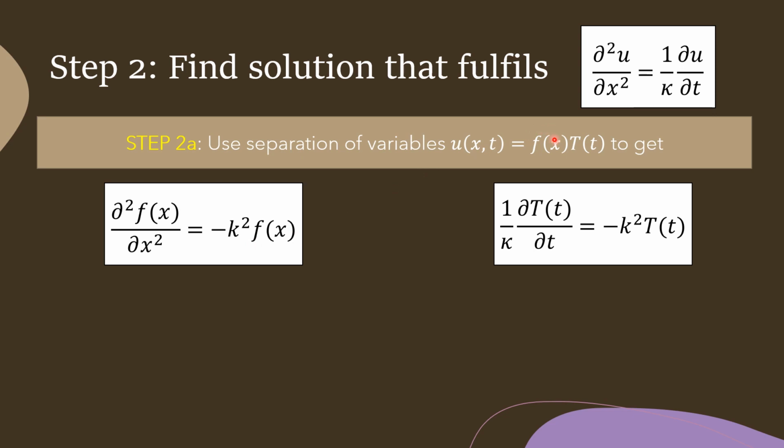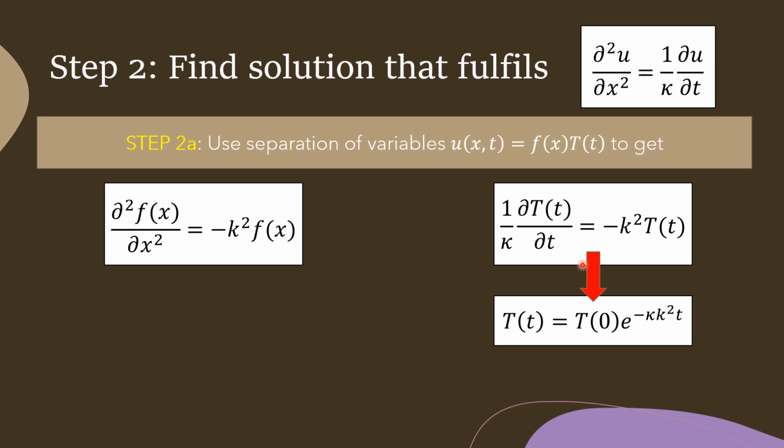And the other one, on the right hand side here, is the solution for the time dependent part, and the solution, if you remember, is going to be of the form exponential of minus kappa k squared t. In the previous lecture, instead of kappa, we actually wrote alpha squared. So in this case, instead of alpha squared, this is just kappa. Apart from that, everything is the same.